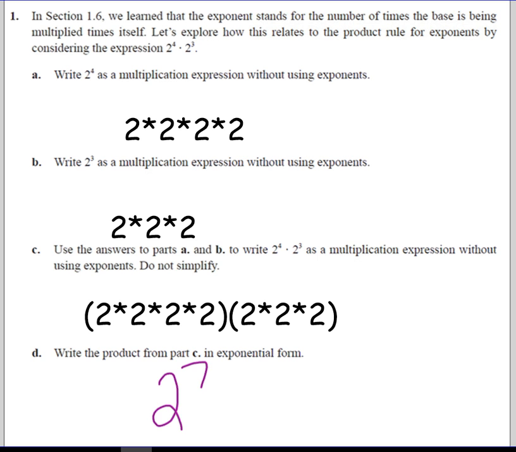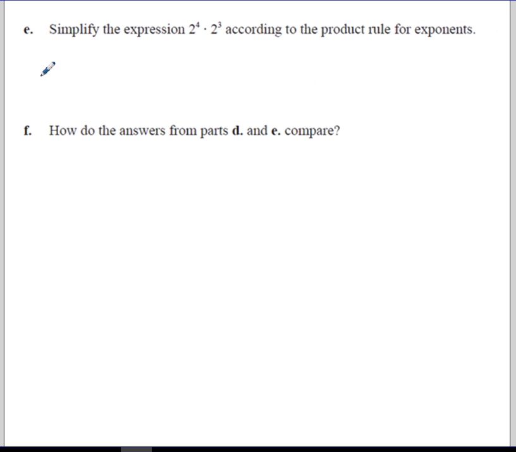So the easier way to do that is with our new rule. And so 2 to the 4 plus 3 gives us 2 to the 7th power. So obviously they're the same.